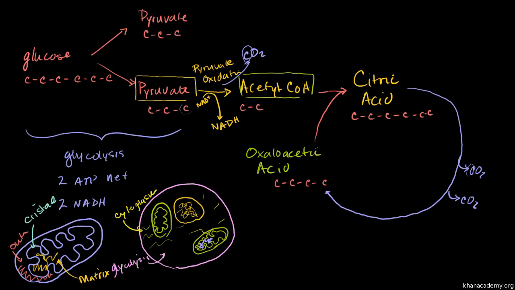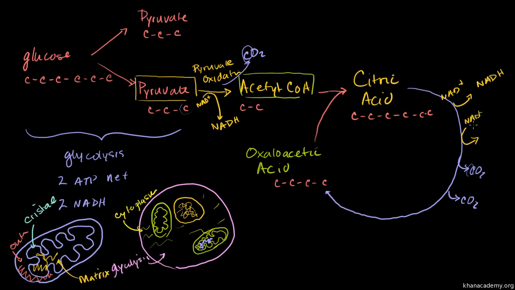But this cycle, it doesn't just generate carbons. The whole idea is to generate NADHs and FADH2s and ATPs. So, right here, and this is a huge simplification. I'll show you the detailed picture in a second. We'll reduce some NAD plus into NADH. We'll do it again. And of course, these are in separate steps. There's intermediate compounds. I'll show you those in a second.